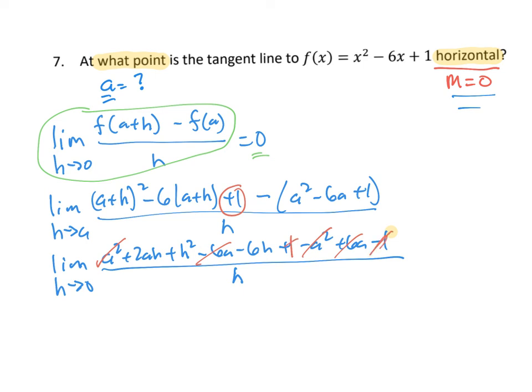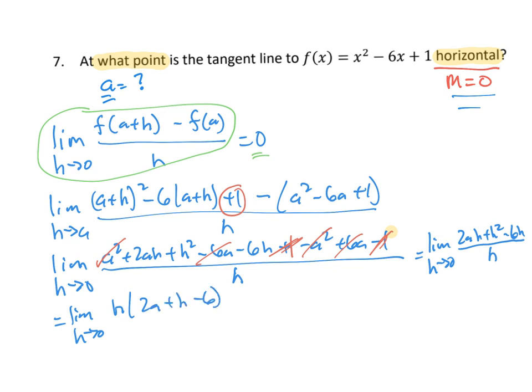So this minus 1 and this plus 1 cancel. And I'm left with, after all of that, just a little bit of stuff. I have 2ah plus h squared minus 6h. That's it, over h. And I can factor out an h on the numerator, so that's h times 2a plus h minus 6 over h. And those h's cancel.